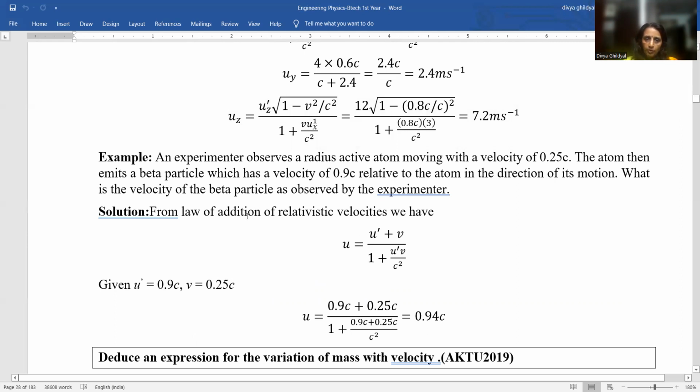So from the numerical, we know that we have to apply the law of addition of relativistic velocities. u is equal to (u dash plus v) upon (1 plus u dash v by c square). u dash has been given to us as 0.9 c. v has been given as 0.25 c. We put these values here. c is the velocity of light. We do not need to put the numerical value because c will automatically cancel and we will be left with a number times c.